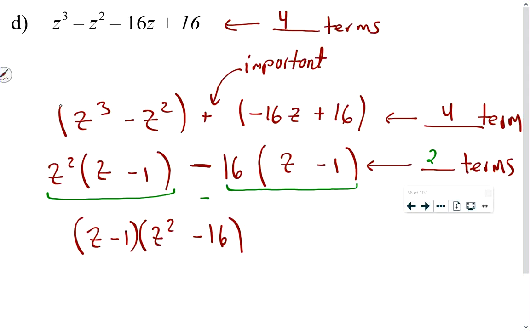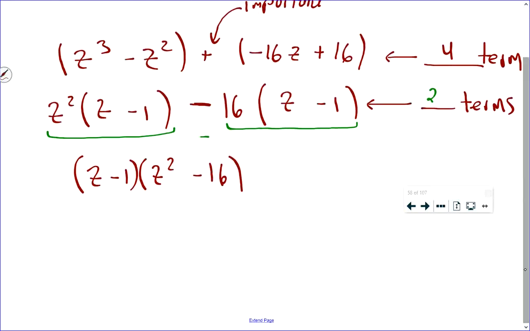No, because z squared minus 16 is a difference of squares. And we certainly encountered this in 30-1, those of you that have completed it, in trig, where you do some factoring with trigonometric expressions, and then you think you're done, and you go, wait a minute, I can continue factoring. So I can factor this into z minus 1, z plus 4, z minus 4.